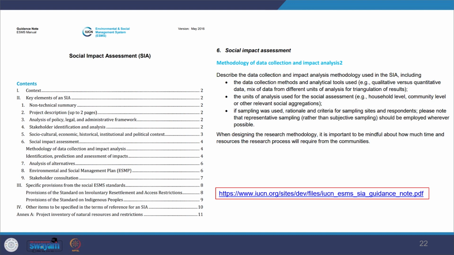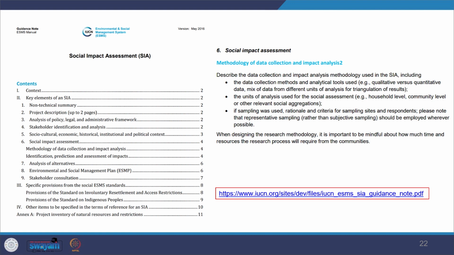The unit of analysis can also vary. You can see that here, for example, it calls for household level, community level, and other social aggregations also. It also talks about what kind of sampling you can do, so different criteria you can adopt.